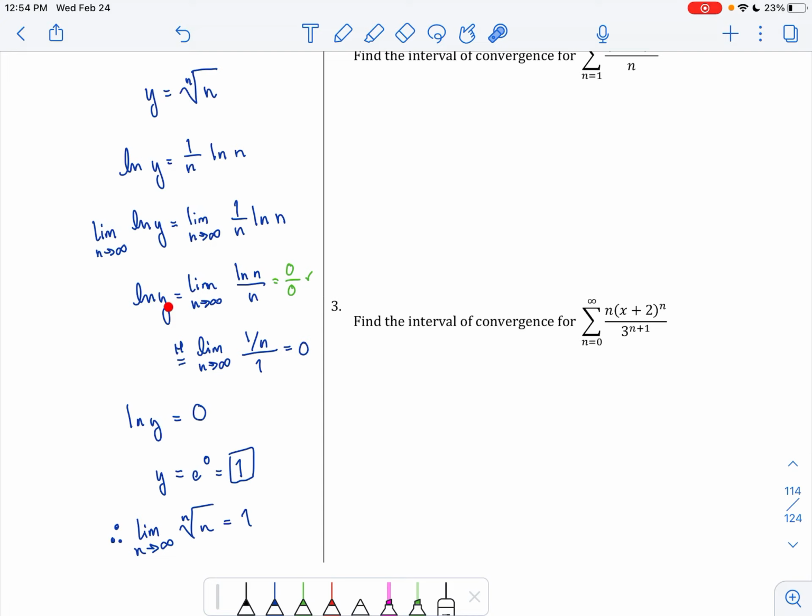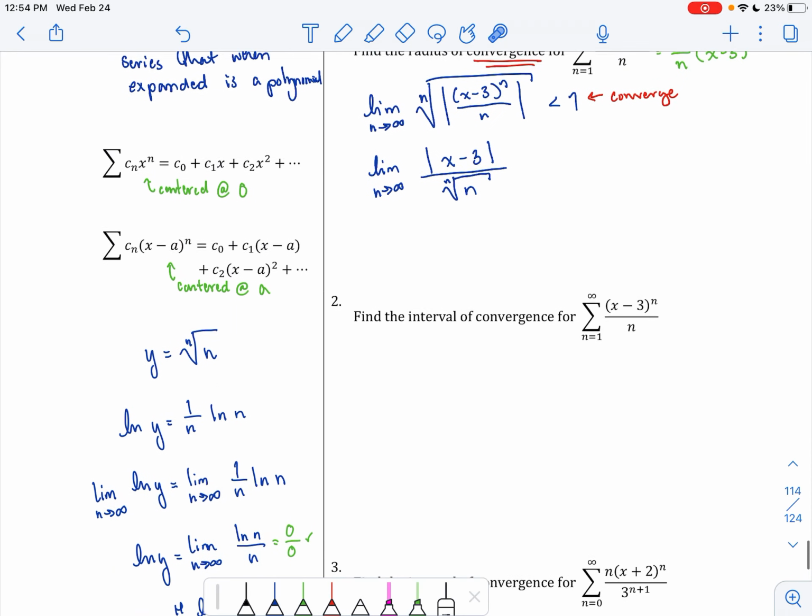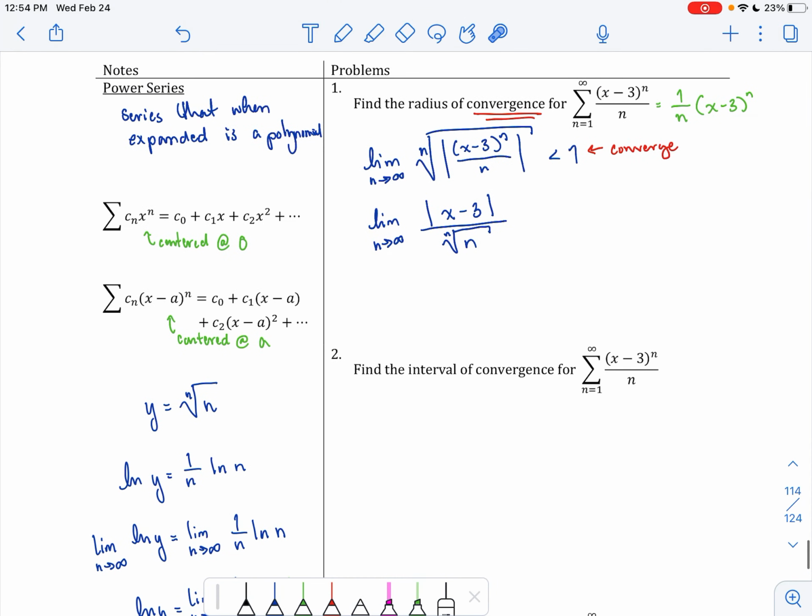Since there is no n on this side, it just becomes ln of y. L'Hopital's means that the limit of ln of y is equal to 0. So then y is e to the 0, which is 1. If you want to look at that more in depth, I encourage that.